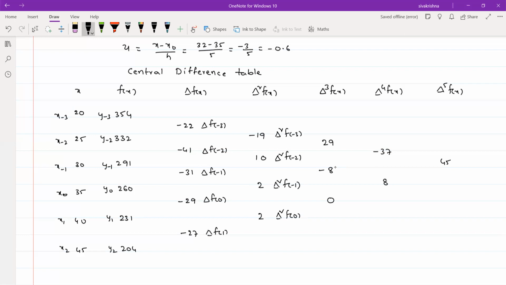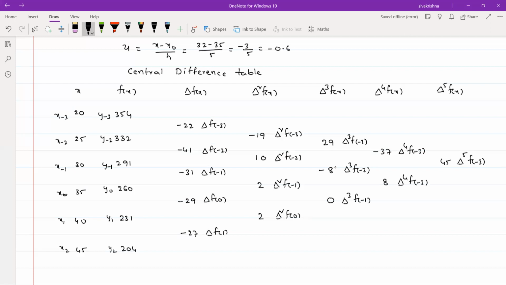The third differences are delta cube f of minus 3, delta cube f of minus 2, and delta cube f of minus 1. The fourth differences are delta power 4 f of minus 3 and delta power 4 f of minus 2, and finally the last value is delta power 5 f of minus 3.